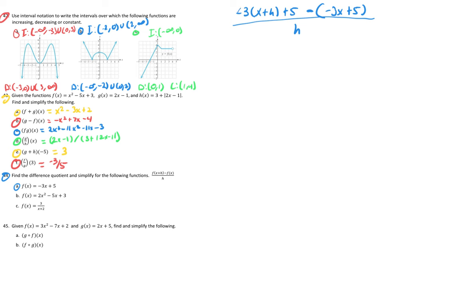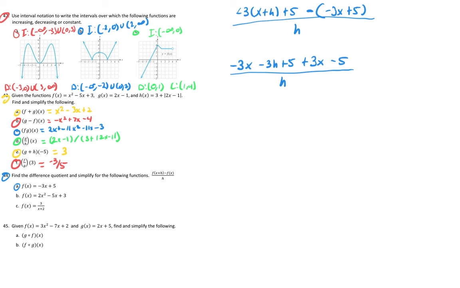See, we can distribute the -3 to both and this negative sign to both respectively. So we will get -3x minus 3h plus 5 plus 3x minus 5, all of that over h.